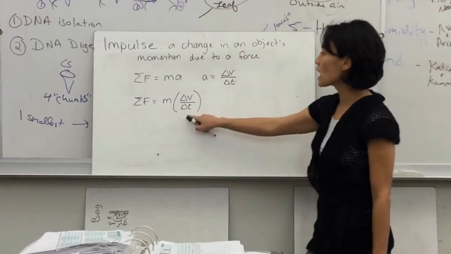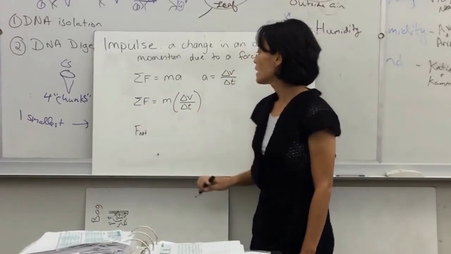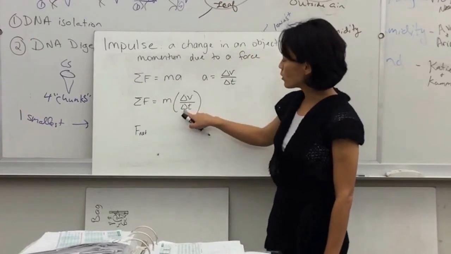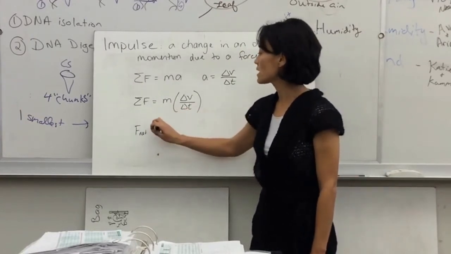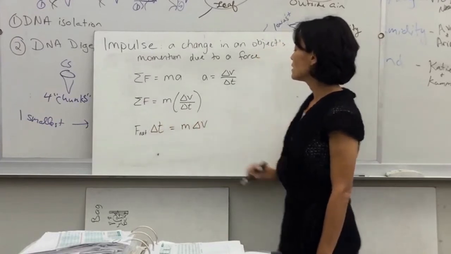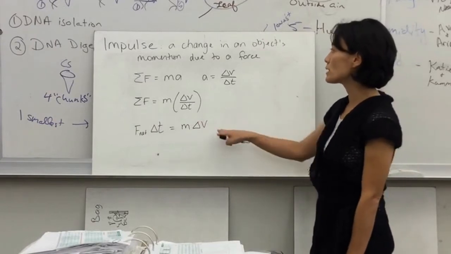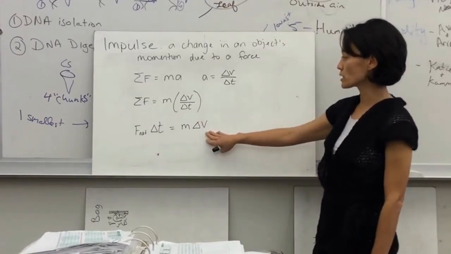If I multiply time by both sides, F net times delta T is equal to m times delta v. Here essentially we have impulse, because impulse is a change in momentum that is causing the object's velocity to change.